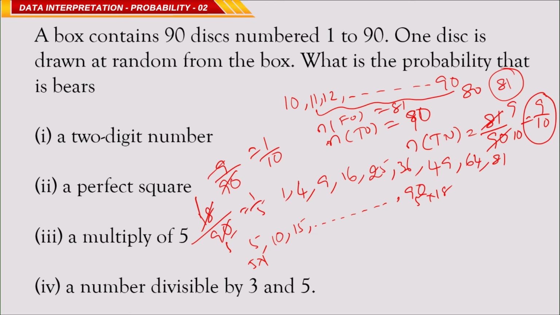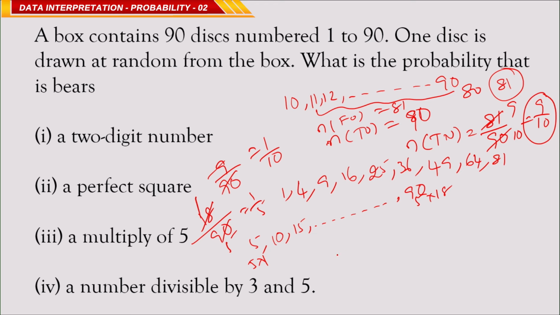What is the number of numbers which are divisible by 3 and 5? First, the favorable outcomes. Divisible by 3 and 5 means obviously divisible by 15.